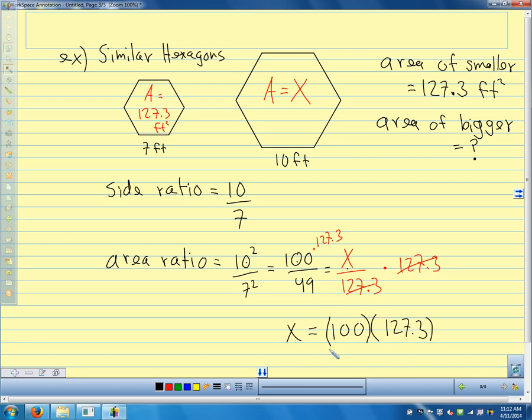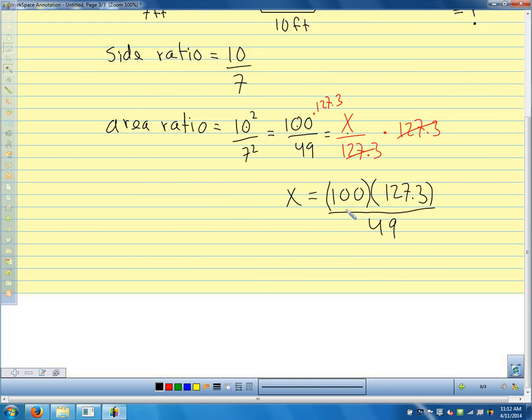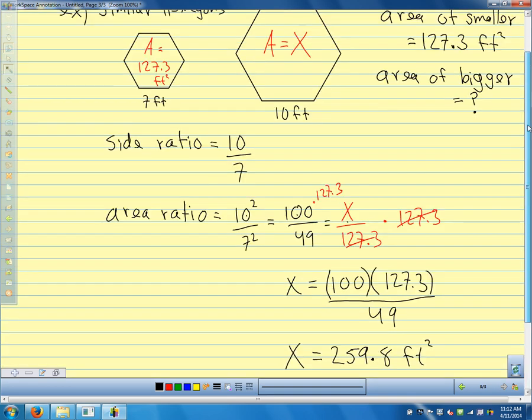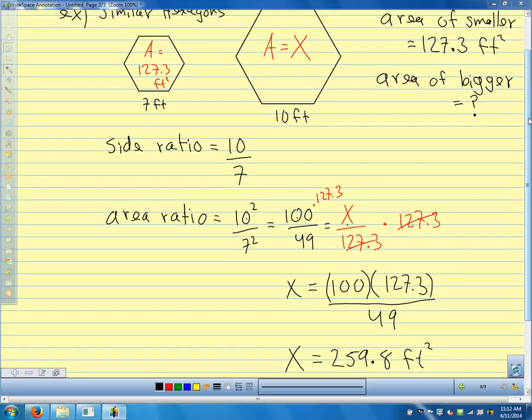When I calculate this out, I get X equals 259.8, and my units would be square feet. Now a couple of ways that you could check your work here.